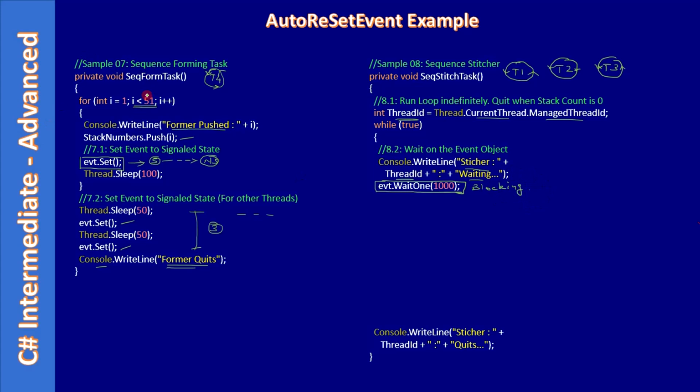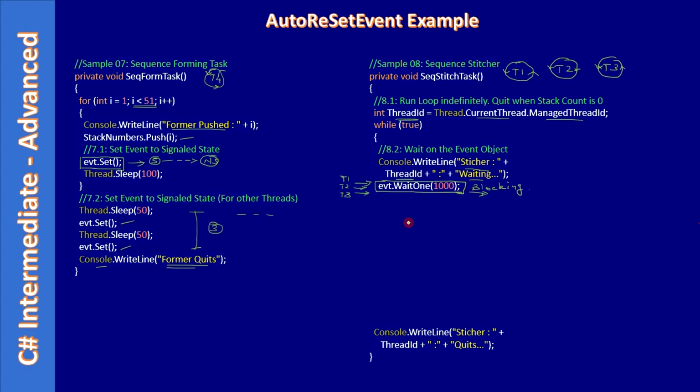Whenever the sequence former sets the event, the thread, whether it is T1, T2, T3, all will wait here. When the former sets the event EVT, all threads are sharing the same auto reset event, here it is signaling, and the waiting thread will get released based on the signal.